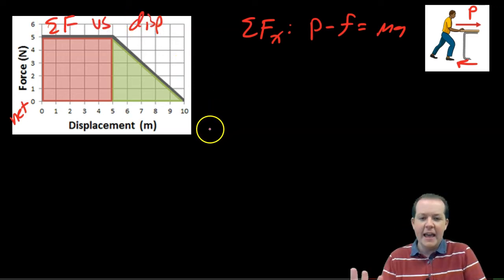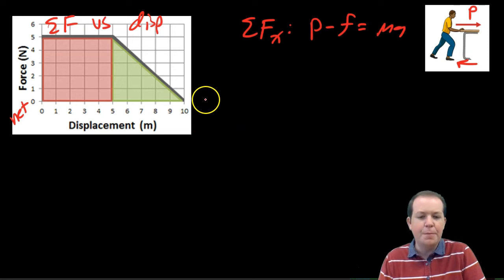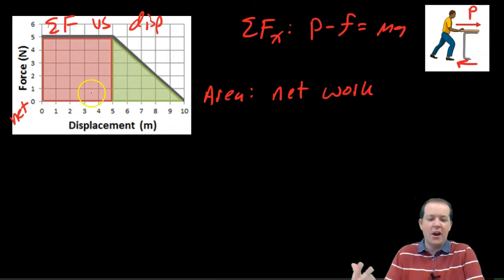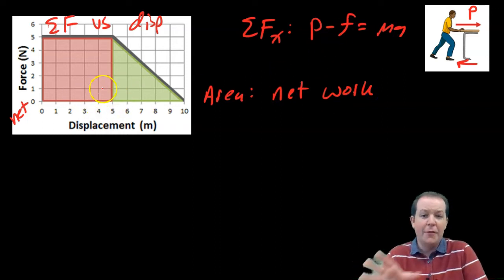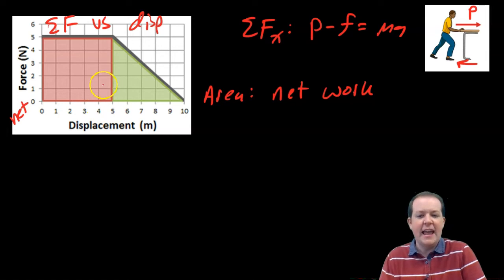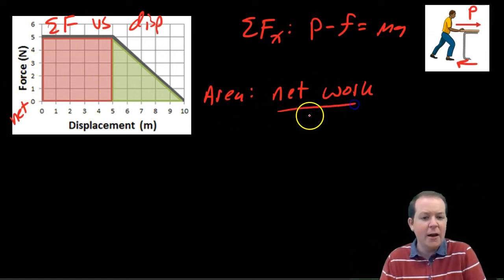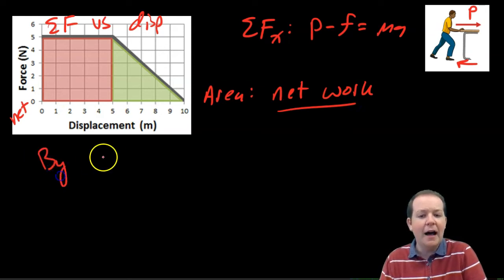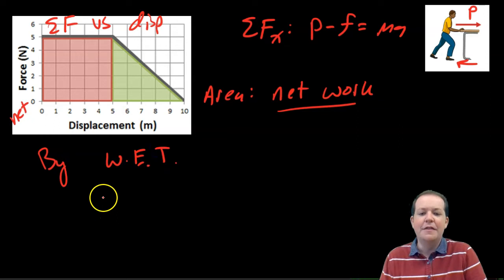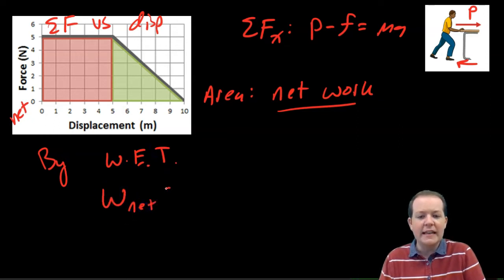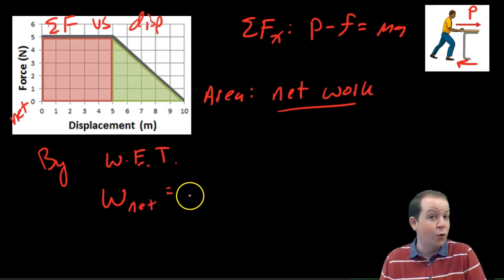Well, the area under the curve would be the net work. It's the same thing, just like the area under the curve for the last slide would have been the work for that force. The area under a graph with the net force versus displacement would be the net work. And by the work energy theorem, the net work is equal to, do you remember?